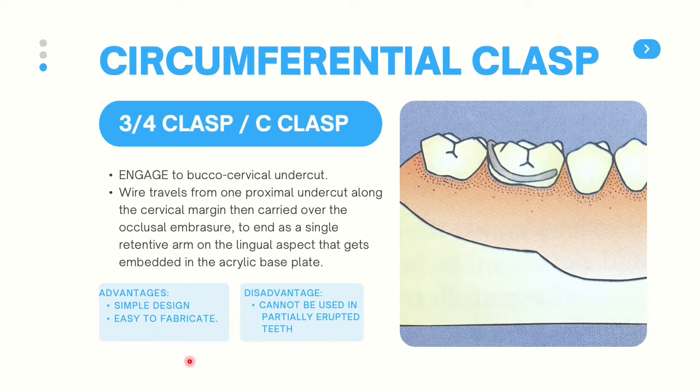But the disadvantage is it cannot be used in partially erupted teeth because the wire needs to travel at the undercut, and in partially erupted teeth a circumferential clasp will cause soft tissue trauma because the wire will travel subgingivally. So in cases with partially erupted teeth, do not design these clasps as a retentive component.